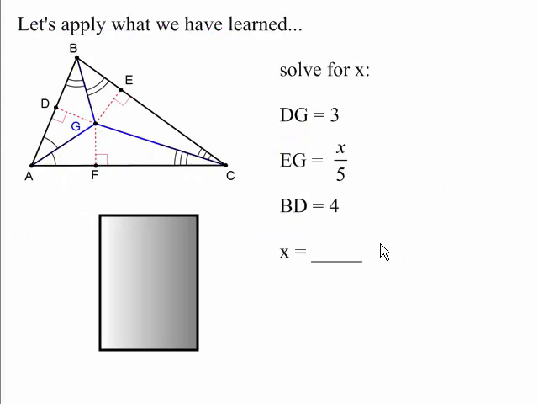Now let's apply what we've learned. If we specify that DG is 3, so I'll draw a little 3 right here, and EG is x over 5, I'll put a little arrow to it, but that's x over 5. And if we say that BD is 4, well, which of these pieces of information can we set equal to each other?